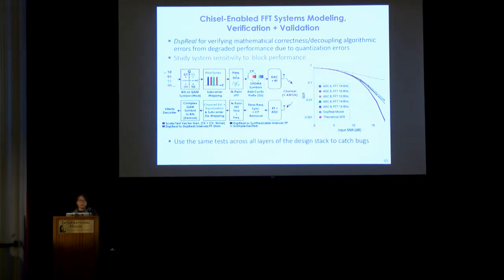You can integrate this FFT generator with more general DSP infrastructure that allows you to verify mathematical correctness and decouple algorithmic errors from degraded performance due to quantization noise by allowing you to plug in, for example, either fixed point types into the FFT or DSP reals, which are just essentially wrappers on SystemVerilog reals, and this allows you to study system sensitivity to block level performance.